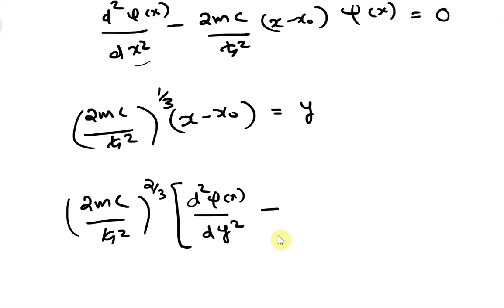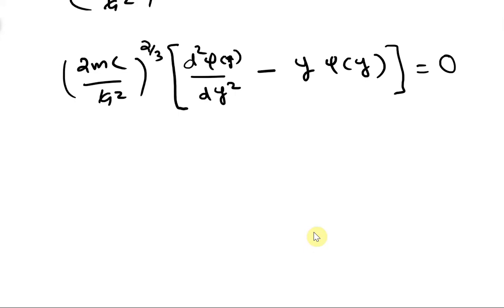The remaining expression has a y and a psi of y. Now the wave function is in the form of y, and that is a new expression, and this quantity will disappear from the expression now.